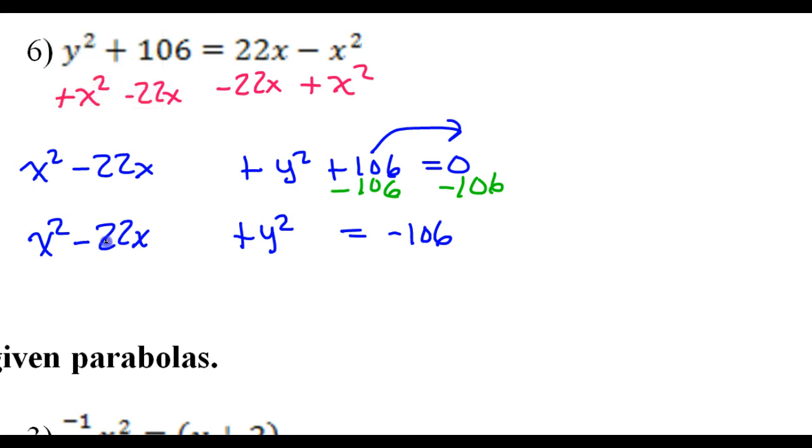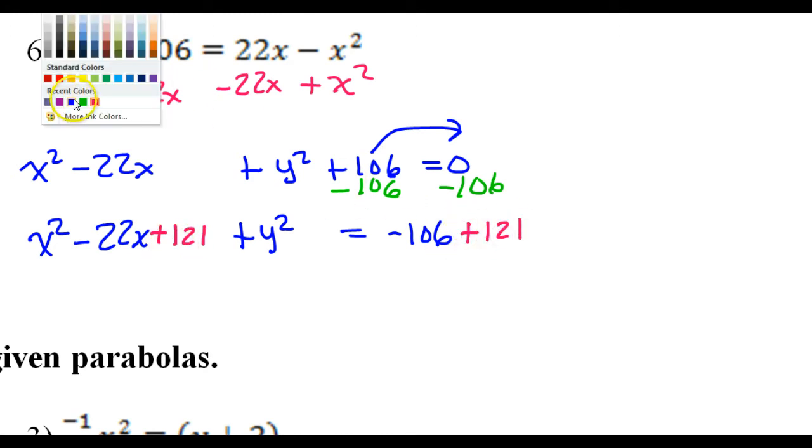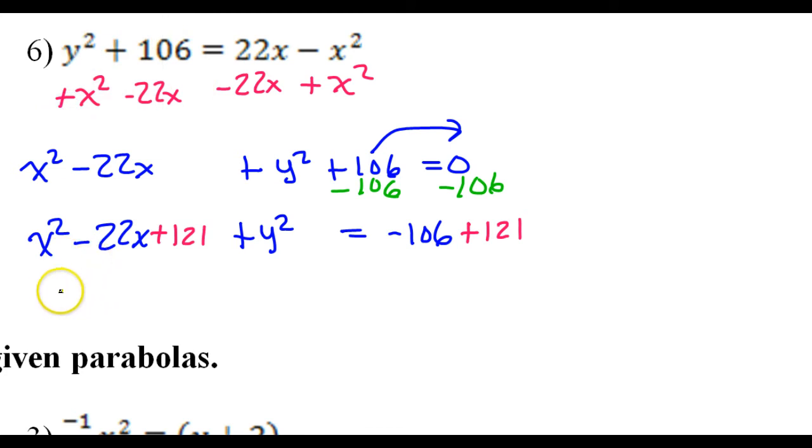And so here we go. Half of the middle squared. So half of this is 11. 11 squared is 121. So positive 121 on both sides. Now over here, this is going to factor as x minus 11 twice. So I've got that, plus the y squared.